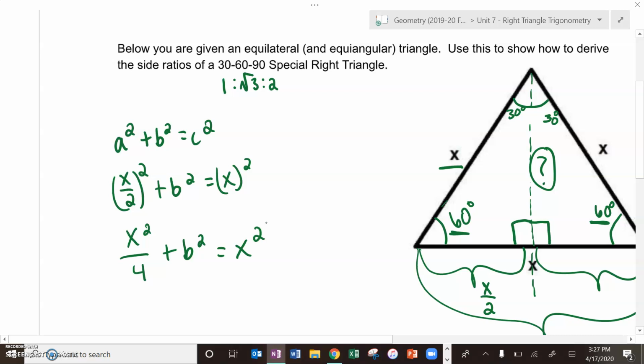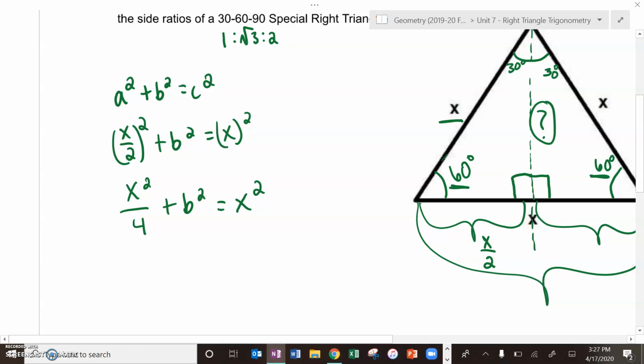So now we are going to multiply each side by 4, or everything by 4, to get rid of this fraction, and so then that gives us, so the 4s there cross out, but it's going to be 4x squared plus 4b squared equals 4x squared.